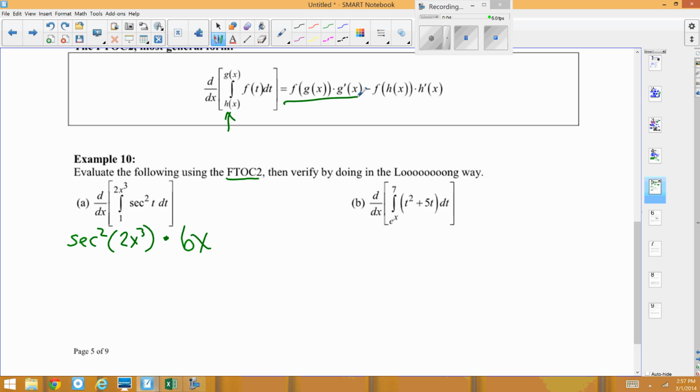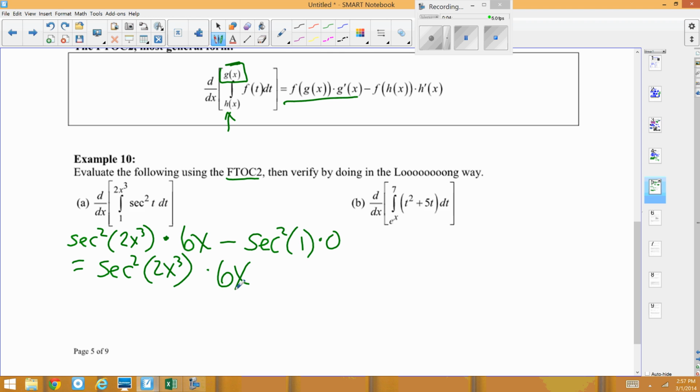You put your top bound inside of your function, and then you multiply by the derivative of that top bound. Minus, now you take the lower bound, plug it into your function, and you multiply by the derivative of your lower bound, which is just 0.